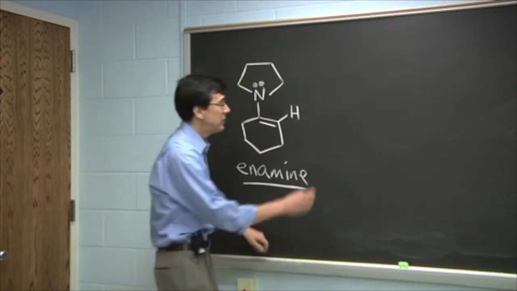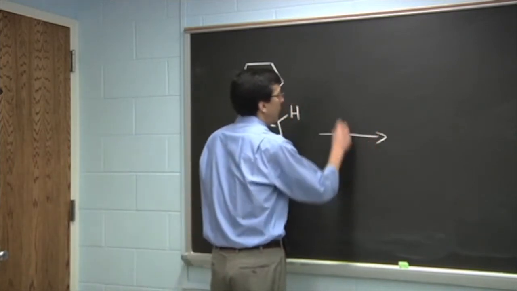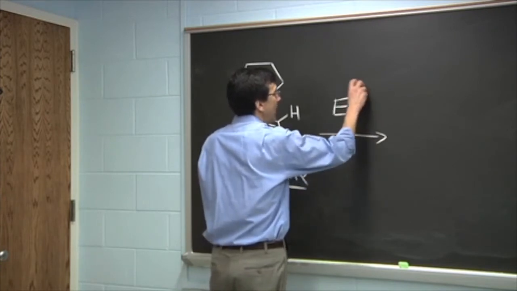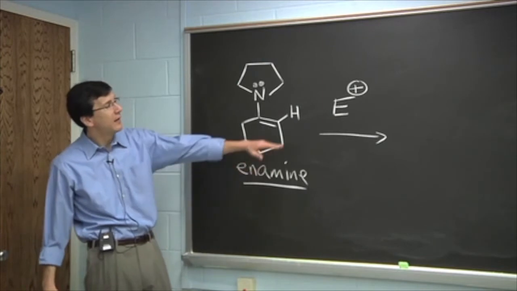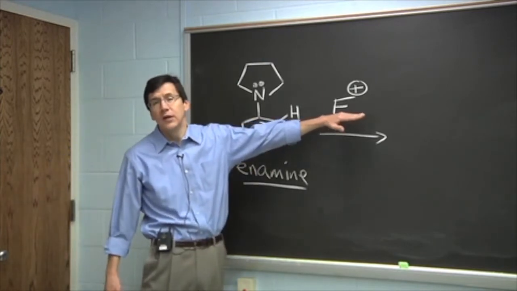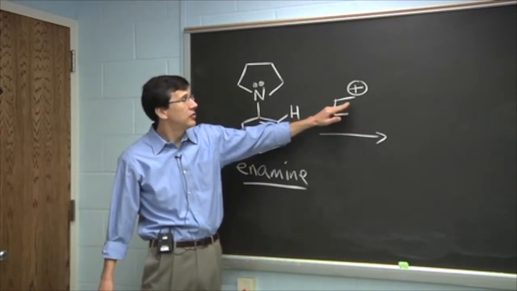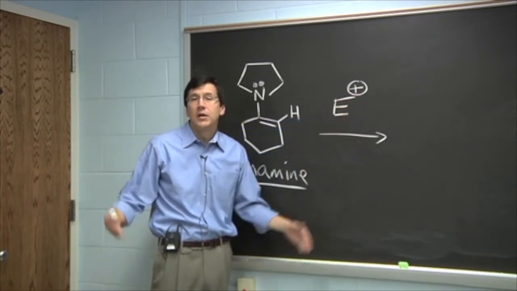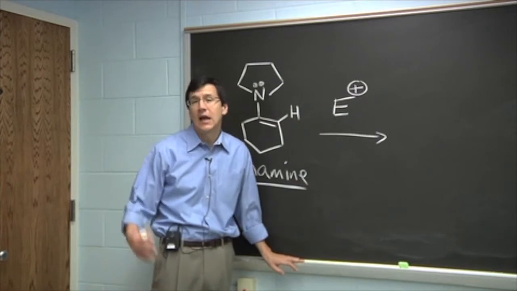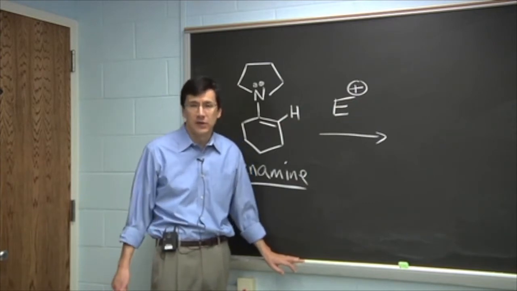So what I would like you to write is, what would you expect to happen when this enamine reacts with some sort of electrophile, which I'll just represent as E+, but it could be something like an alkyl halide or some other type of electrophile.